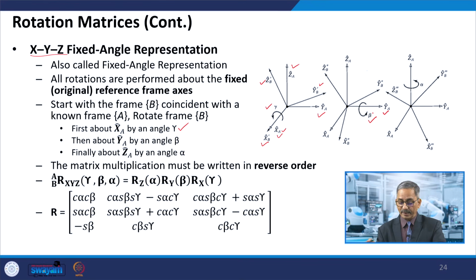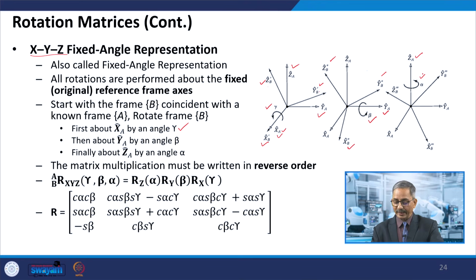So, say this XB dash reaches XB double dash over here, this YB dash reaches YB double dash here, and this ZB dash reaches ZB double dash here. And in the next sequence the rotation is performed about the z axis of the fixed frame. So, about ZA, I am performing rotation of the rotating frame by an angle alpha.